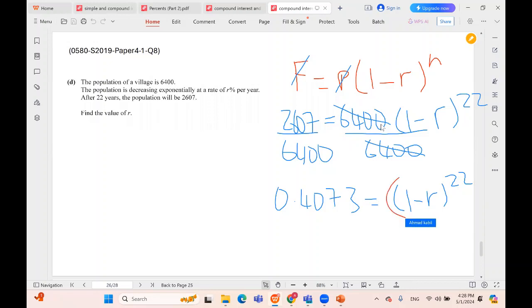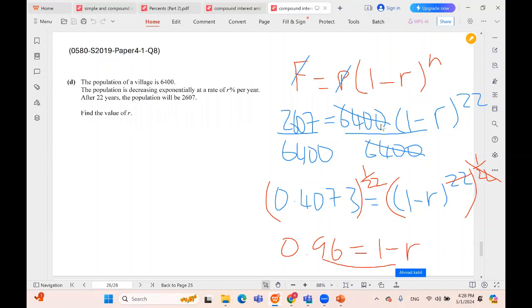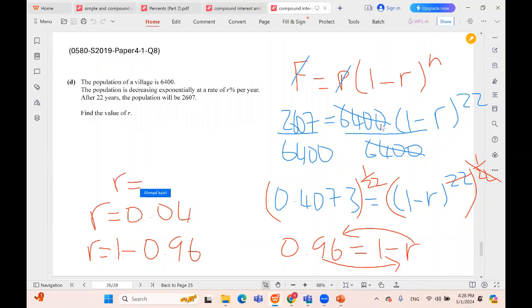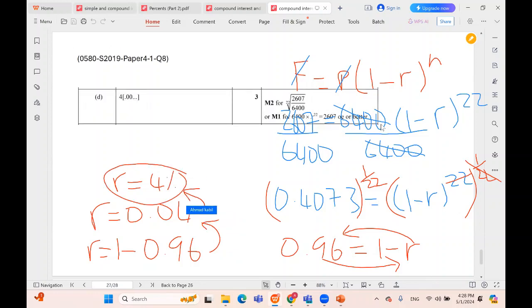We raise both sides to the power of 1 over 22, so 0.4073 to the power of 1 over 22 gives us 0.95999, which is basically 0.96. That equals 1 minus r, because these cancel out. So we can flip the position of r and 0.96, so it becomes positive: r equals 1 minus 0.96. So r is 0.04. So r is 4%. This is the correct answer here.